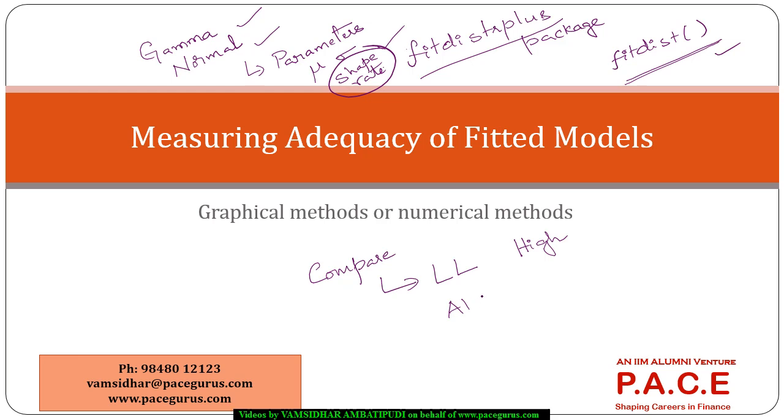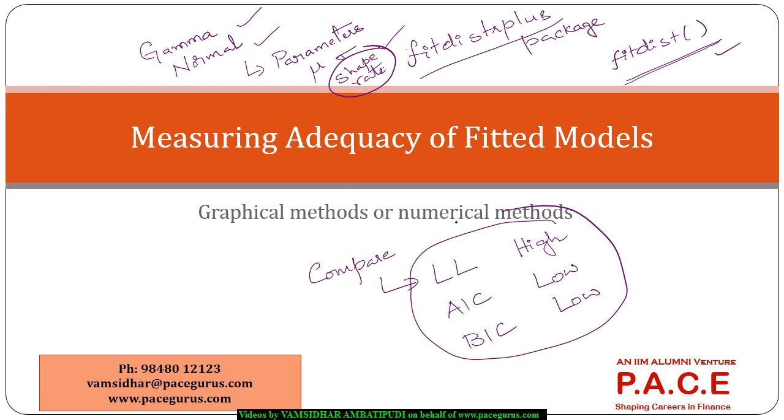Similarly, we have looked at Akaike information criteria, which is like a measure of error, or even Bayesian information criteria, which is also a slightly different form of error. So we want this particular error to be as less as possible if I have to choose a particular model. So these are some of the methods that we have already discussed when we are fitting the data to a particular distribution, right?